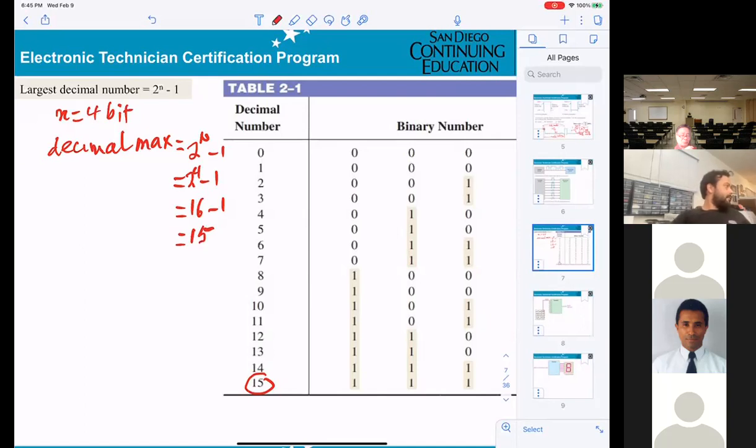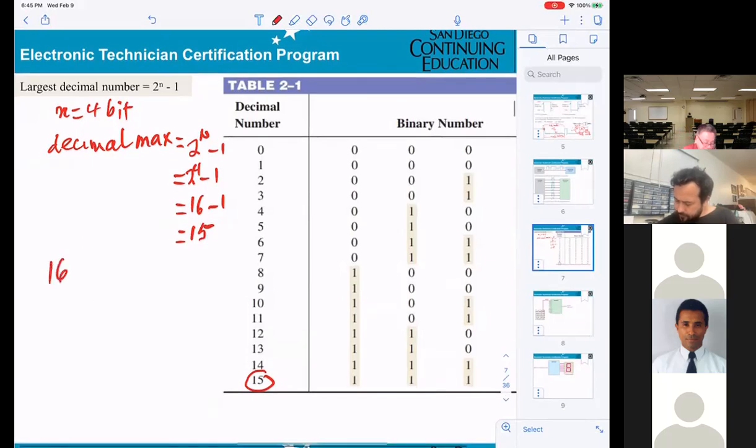What do you need? Now if you get 16 bit, then you have to do 2 power 16 minus 1.